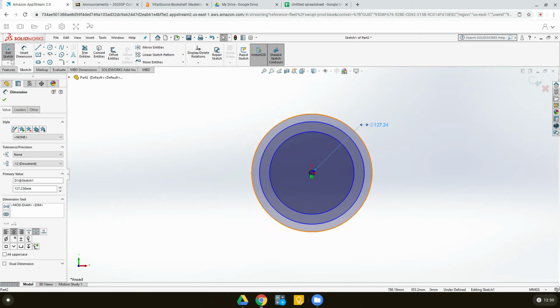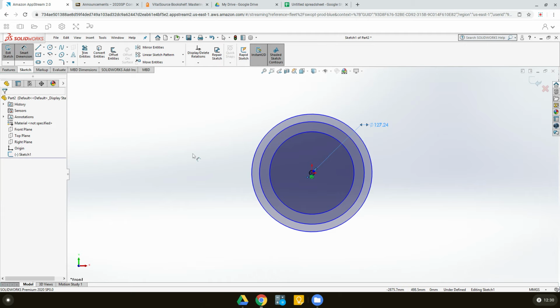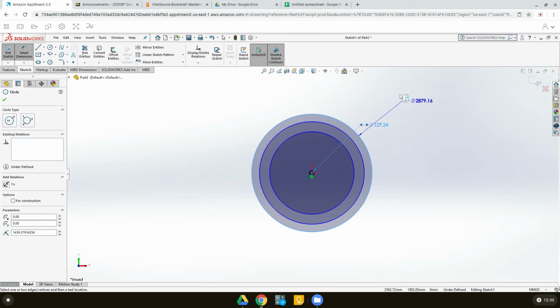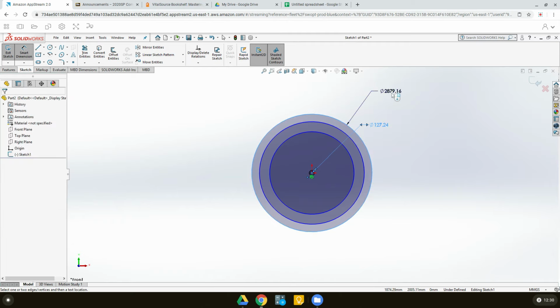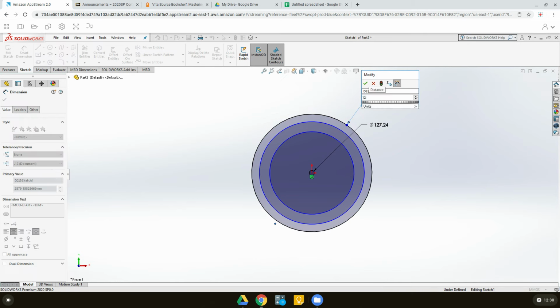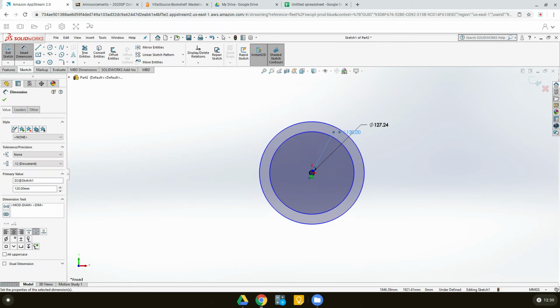That's why it's acting weird. But we'll go ahead and start dimensioning the other circle. So we did the outermost circle, then pitch circle. Next is pitch circle, and that's gonna be 120 millimeters. Next is base circle. So let's dimension that.